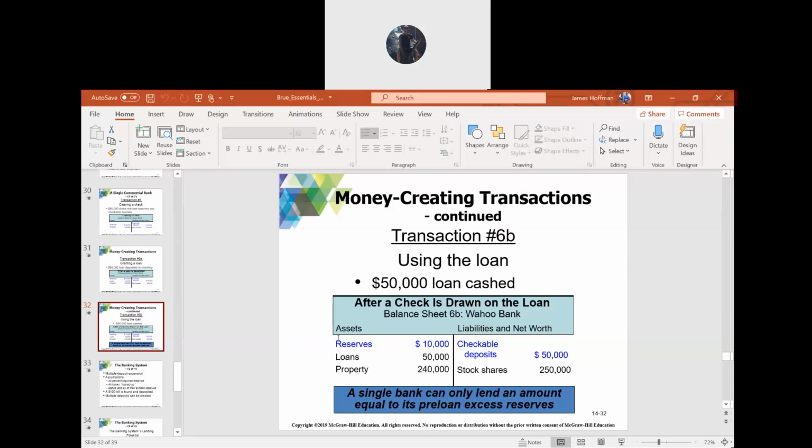All right, so we're trying to show here that when a bank makes a loan, it essentially goes into the customer's checkable deposits. Like you're creating money by giving your customer a loan, and it goes into their checkable deposits. They get money in their checking account, and by doing that, they're creating money because that money wasn't otherwise there. So they're adding to the M1 or the M2.